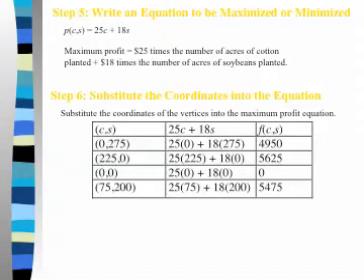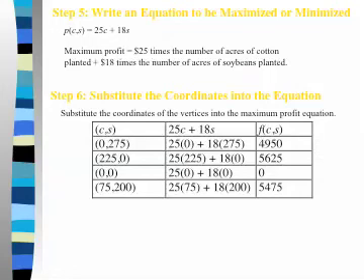So we're going to build a table to help us to calculate that. We're going to substitute each of the coordinates into the profit equation that we created. You'll see here in the first column the ordered pairs that we found. In the second column, you'll see the equation that we're trying to maximize, or the profit equation, and it shows the calculations.